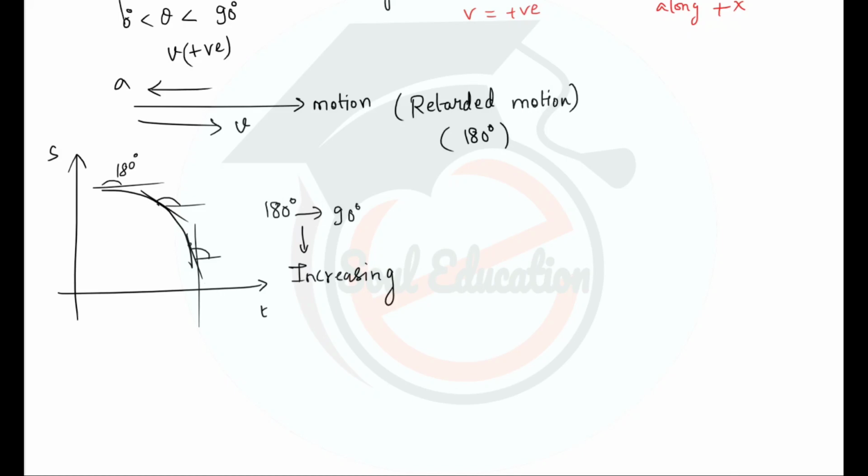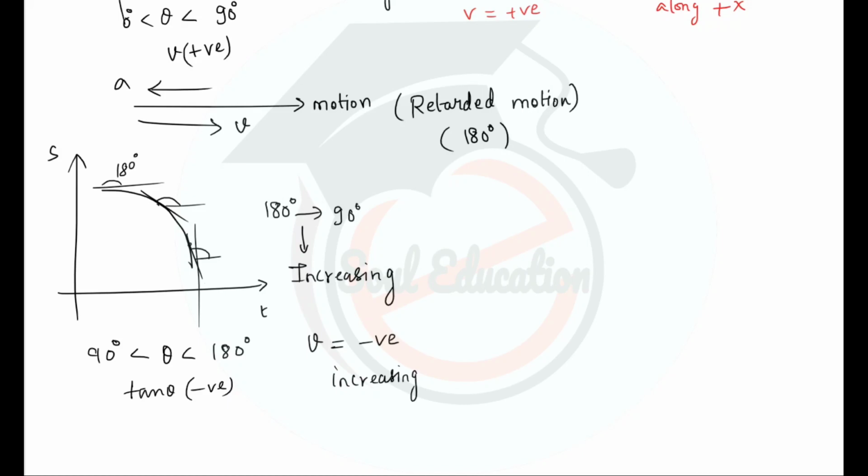The angle lies between 90 degrees and 180 degrees, where tan theta is negative, which means my slope is negative. So my velocity here is negative but increasing.